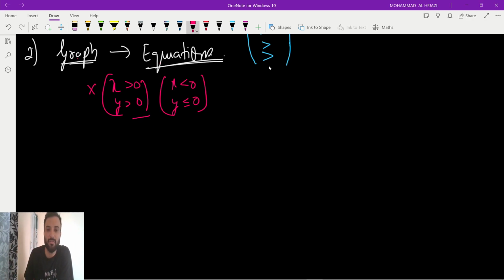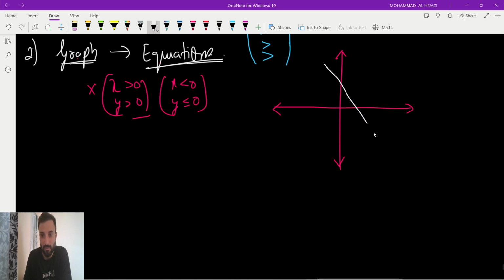So the symbol means they will draw the graph like this. In the graph they have different lines. Line number 1, they will do like this, either inwards, and line number 2 like this, outwards.